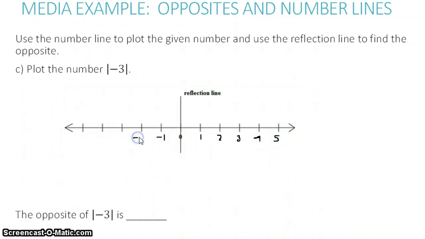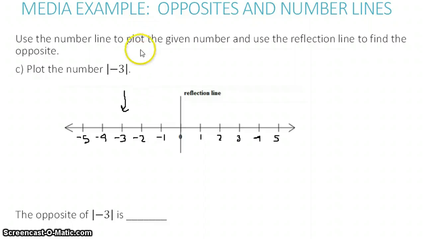We know that the absolute value of -3 is -3's positive distance from 0. Okay. So here's -3. The absolute value of -3 is this distance, which is 1, 2, 3 away from 0.